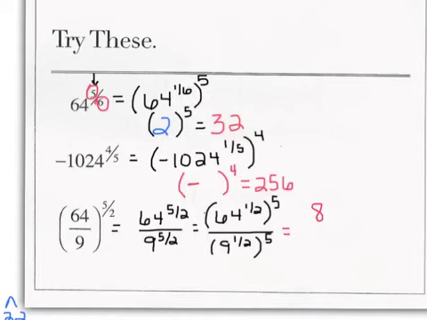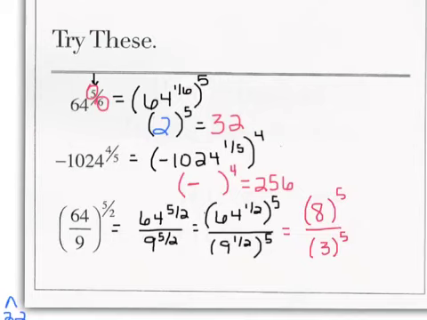Okay? And then that still needs to be raised to the power of 5. 9 to the 1/2 power is going to be 3 because you're splitting 9 into 2 equal factors. Think what times what gives you 9. So that comes out to be 3. And we still need to raise that to the 5th power.